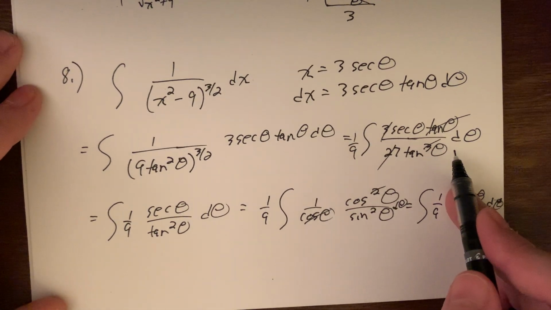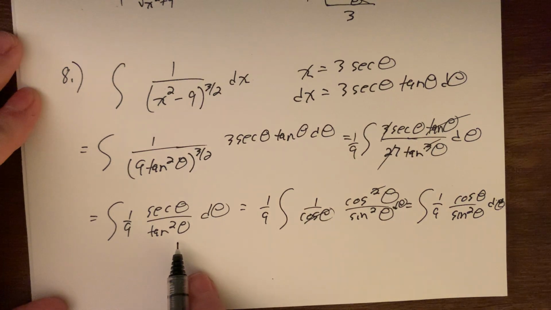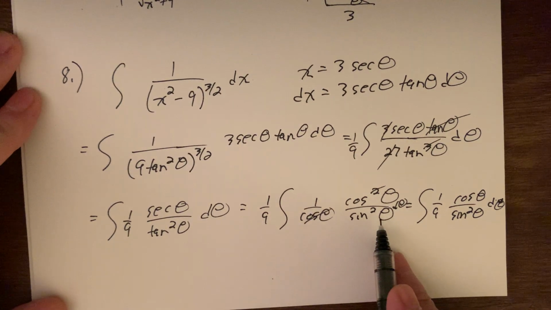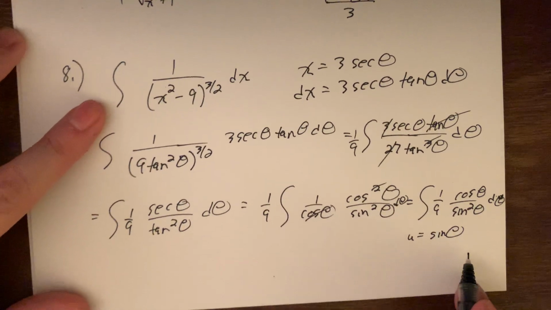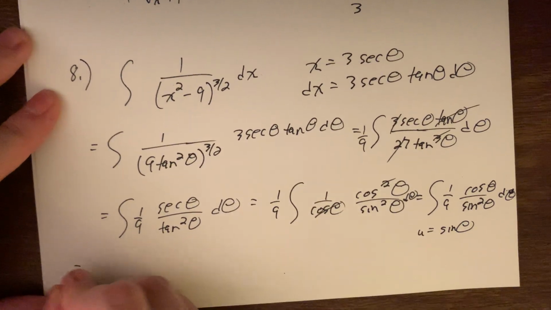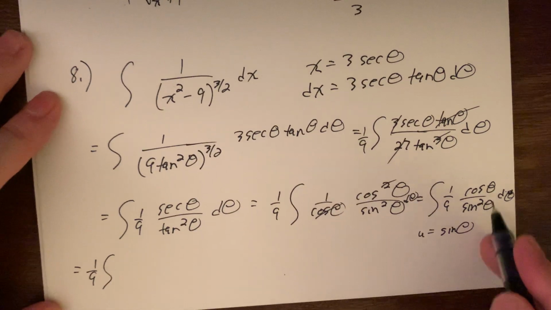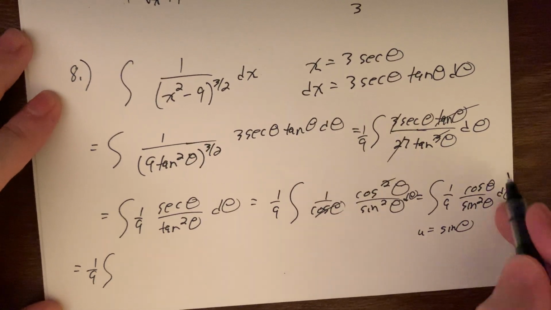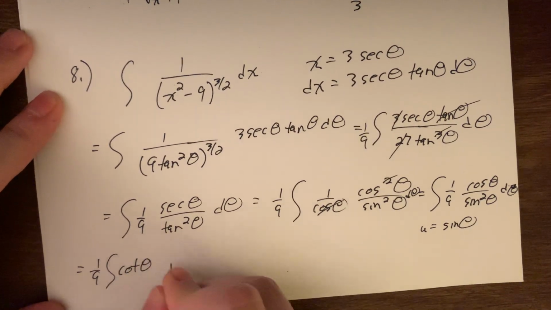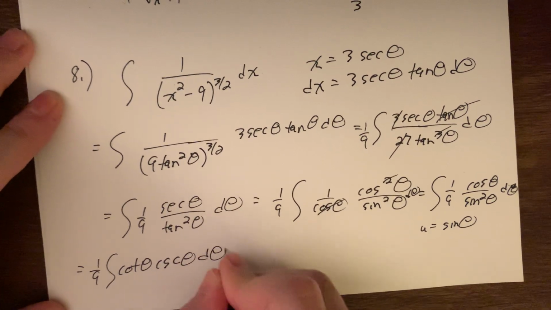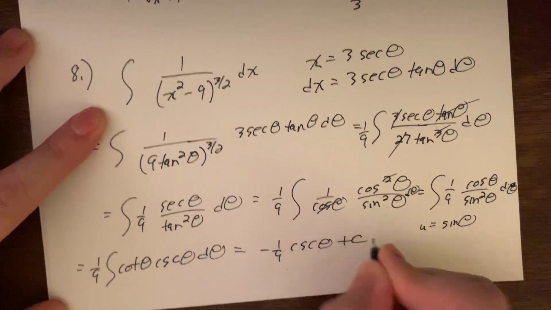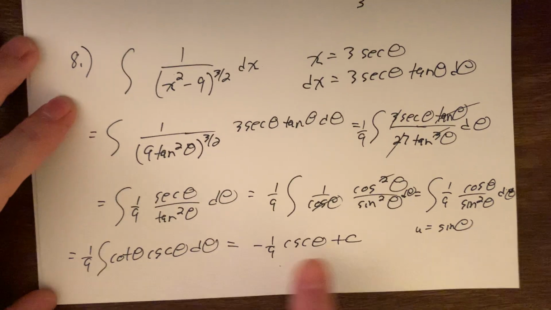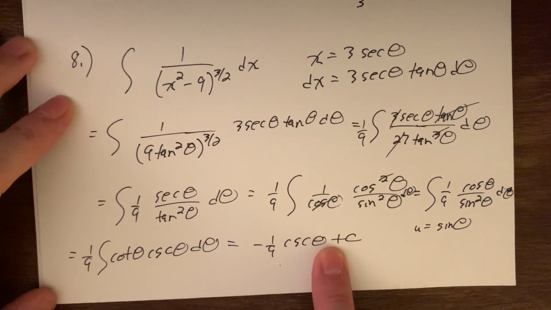We started in terms of secant tangents. That was about as clean as it got. Got to sines and cosines. Here, that will work, but I'm going to finish it by realizing cosine over sine times 1 over sine. I'm getting cotangent times cosecant. So that has an antiderivative of negative cosecant.